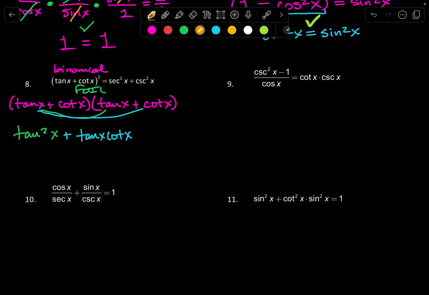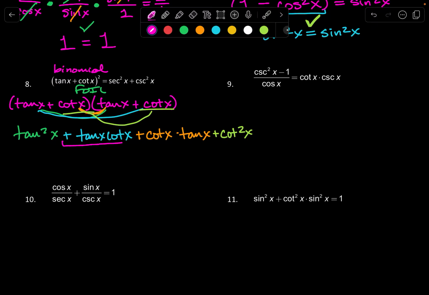I'm going to multiply the inner values together, so I'm going to get plus cotangent x times tan x. And then I'm going to multiply the last things together. So I had 2 positive cotangents multiplied, I get plus cotangent squared x. So, long expanded multiplication there.